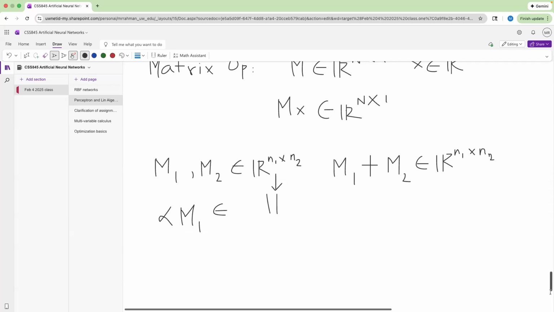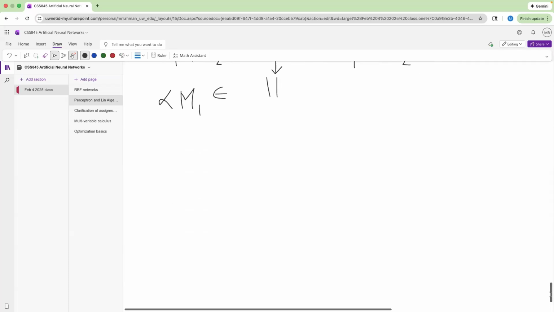So I want to give an example. What I want to do is show you how matrix operations come up in a simple neural network.